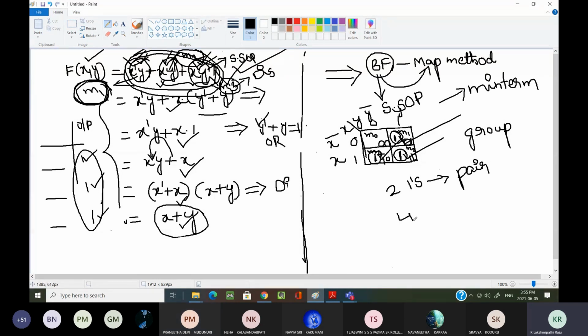If you see four ones adjacent to each other, you can consider it as a quad. If you see eight ones adjacent to each other, you can consider it as an octant.